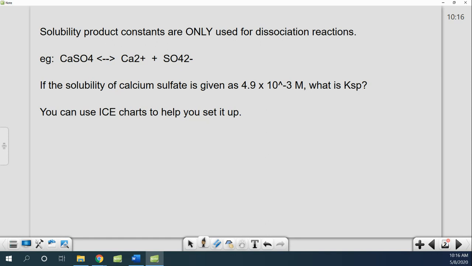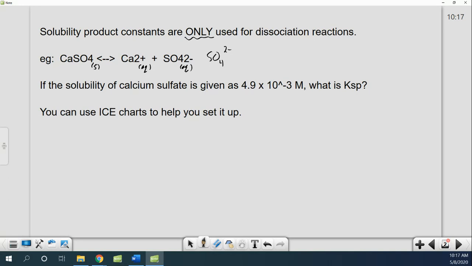Now here's the deal though. Solubility product constants are only used to describe dissociation reactions. So for example, I've got calcium sulfate, solid, turning into aqueous calcium ions and aqueous sulfate ions, SO4.